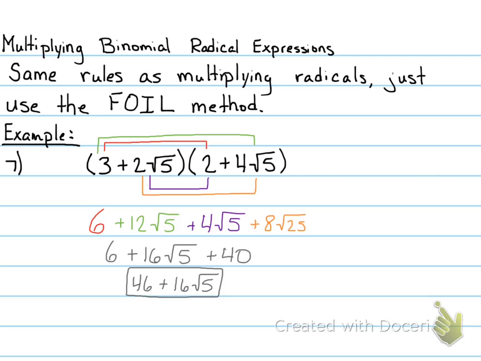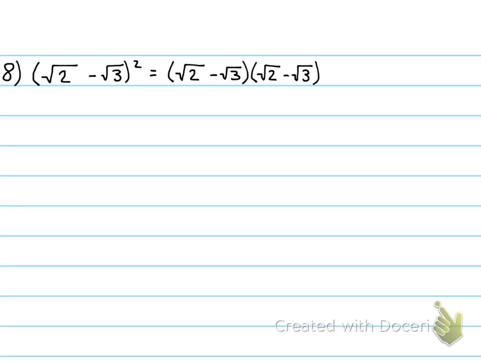So let's look at another example of this. If I have the square root of 2 minus the square root of 3 squared, I'm just going to rewrite it where I can use the FOIL method. So the first thing that I'm going to do is square root 2 times the square root of 2. That gives me a square root of 4.